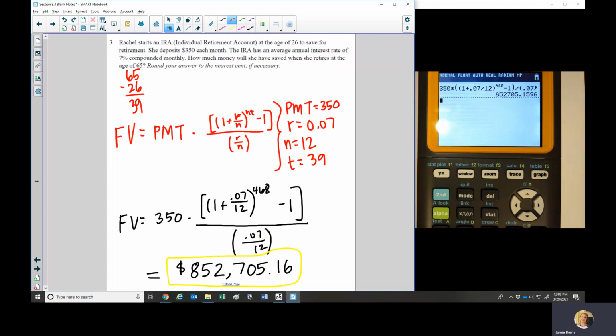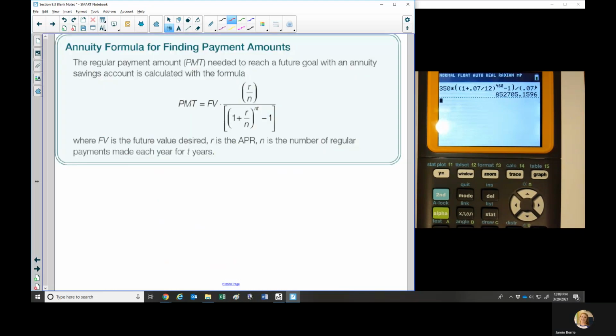All right, let's see how we're doing. I want to say this is our last formula. So this is going to be where we are trying to work towards a goal. This is where you have some kind of goal in mind.